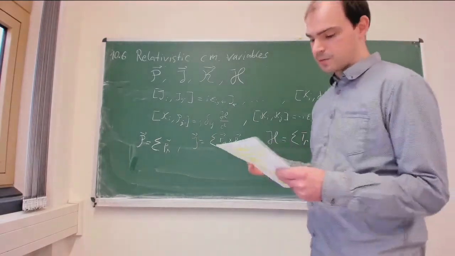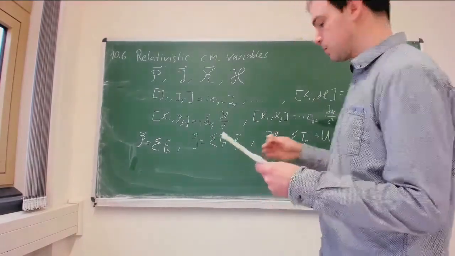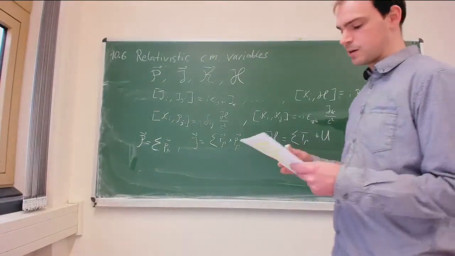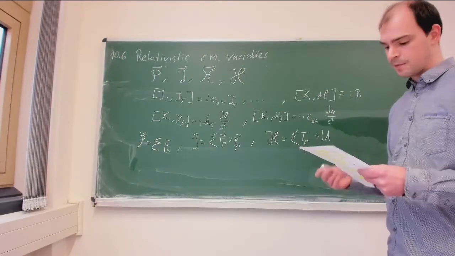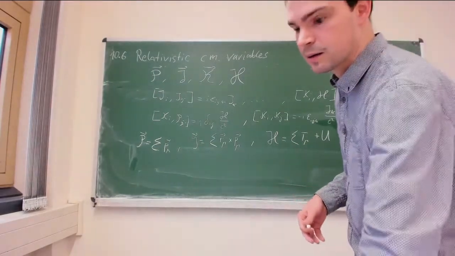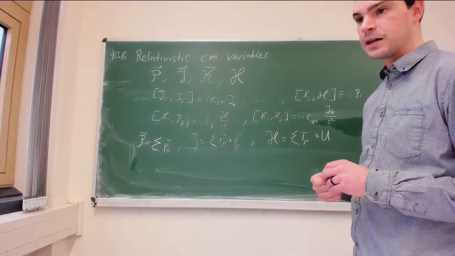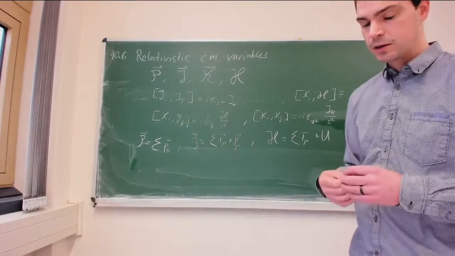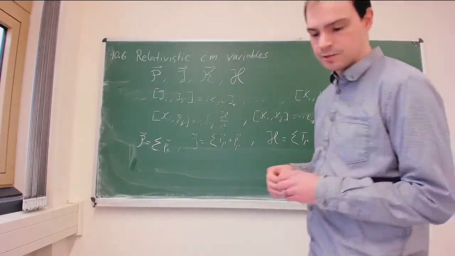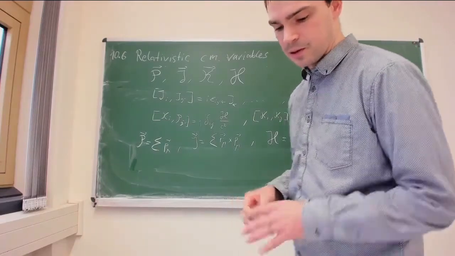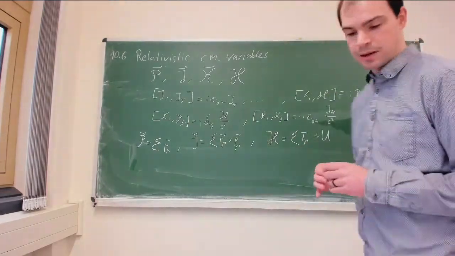And then finally we find a form for K, which I do not give here, but you find it in the lecture notes. So K will also depend on the kinetic energies. And K contains another potential called V, which is called the interaction boost, which we need for relativistic covariance. But this is not the most important thing to understand here.